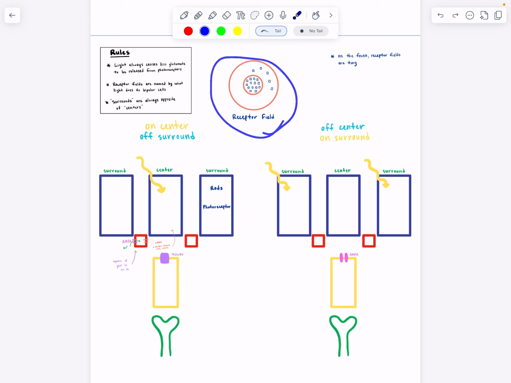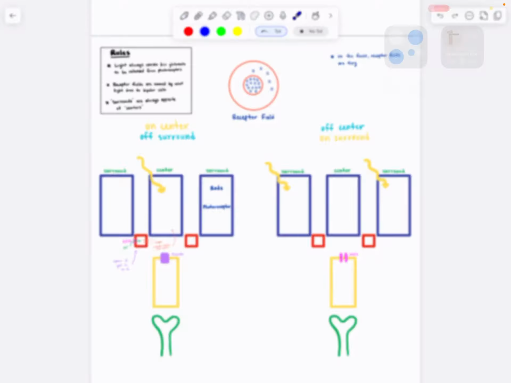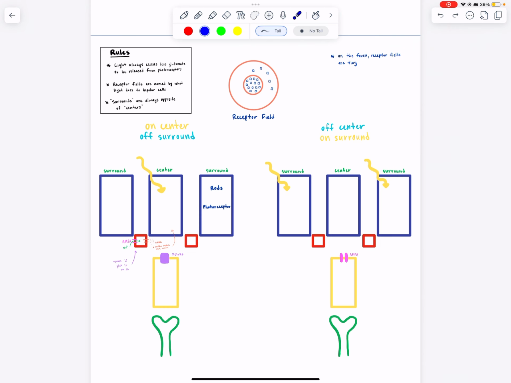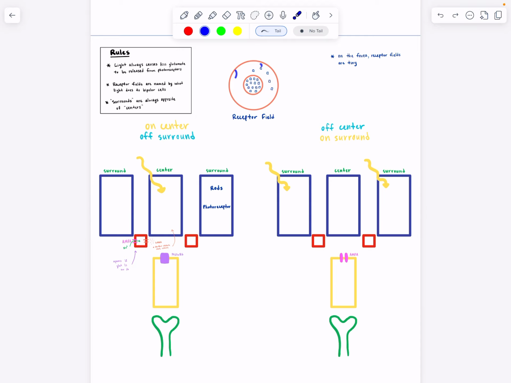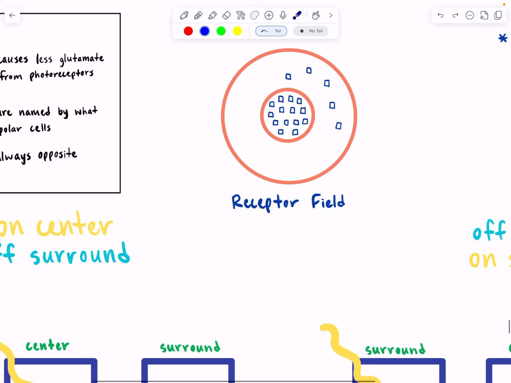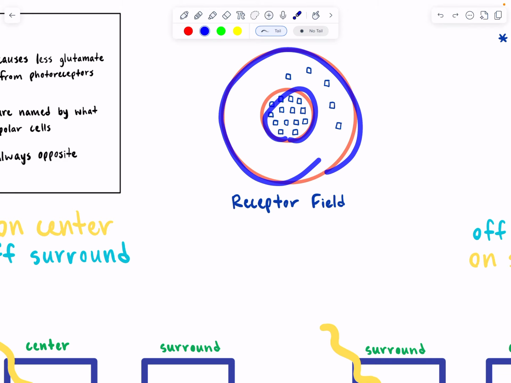Receptor fields are basically a group of photoreceptors, just a bunch of these in one little area. Anyway, we have the center, and then we have the surround area.